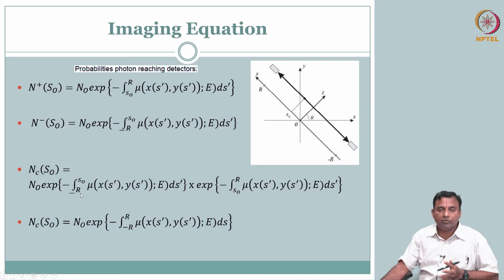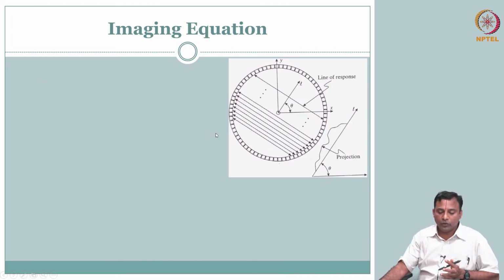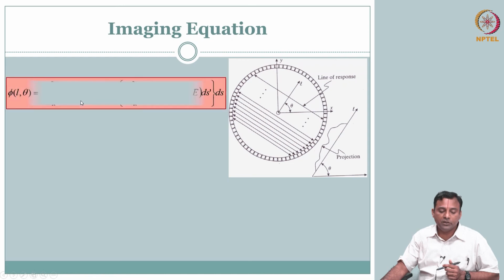So we can write our imaging equation instead of N. This is the probability of getting hit. Our actual data is the integral of this, right? You are catching all the photons over time. So what you have is a configuration like this. You have your L, theta and a particular theta. So these are the lines, this minus R to R. This is what we are catching. So in this configuration, how do we write our imaging equation?